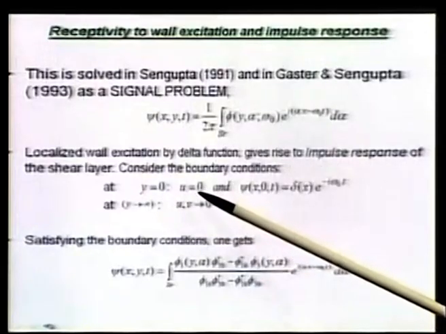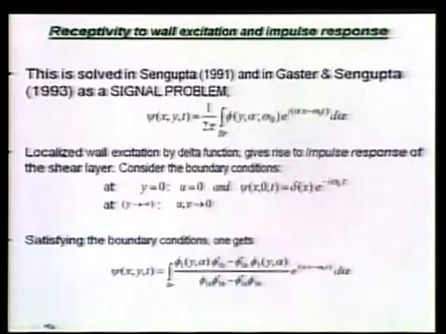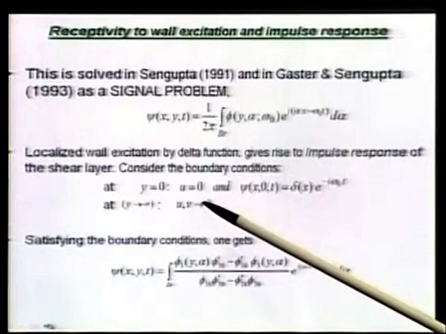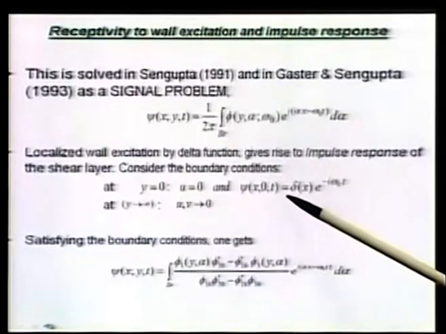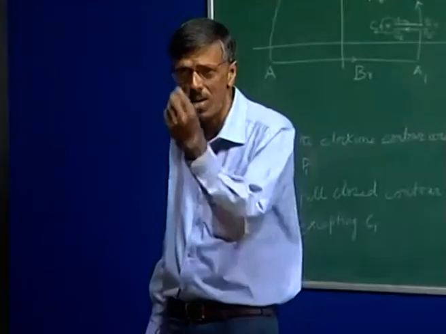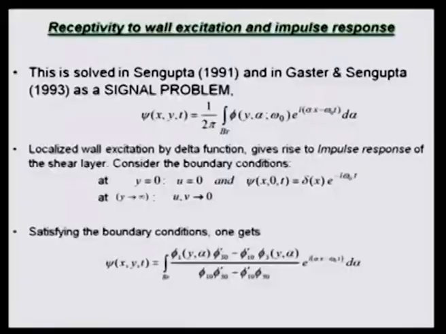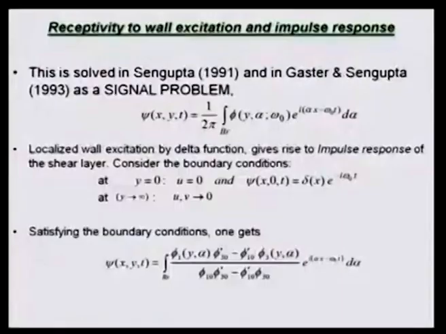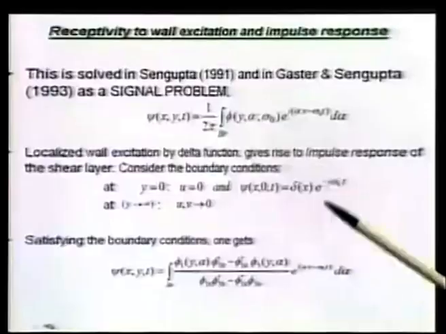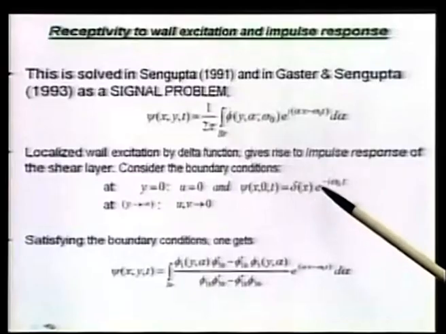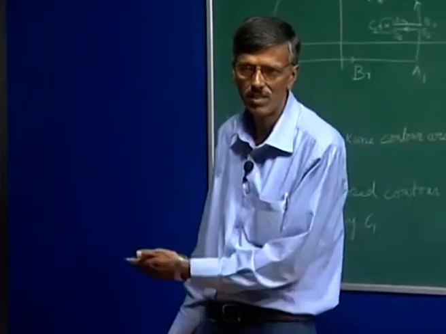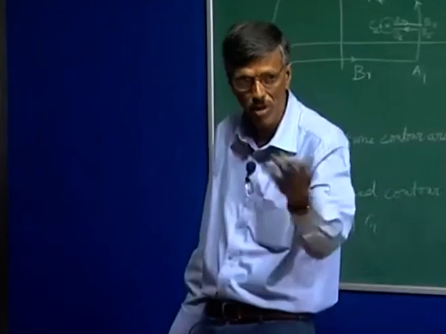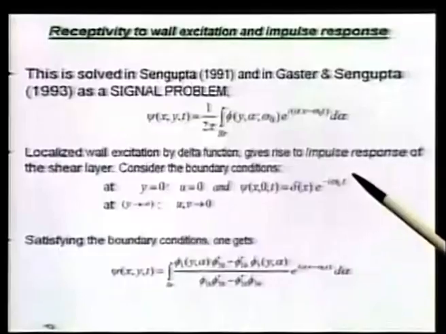At the wall, I am saying that there is no slip, u equal to 0. But I am, let us say, blowing and sucking mass at a frequency omega naught, and I am doing it at a fixed location. Let us fix my origin there itself, that is why I am calling it delta of x minus x naught, there is no problem. We have seen the time shift theorem can be used.